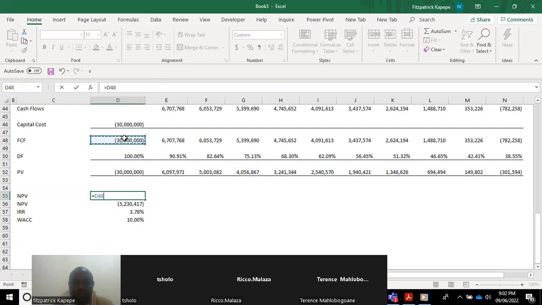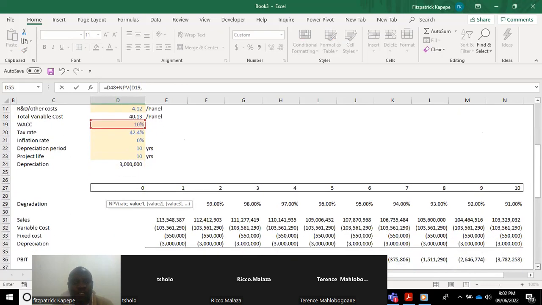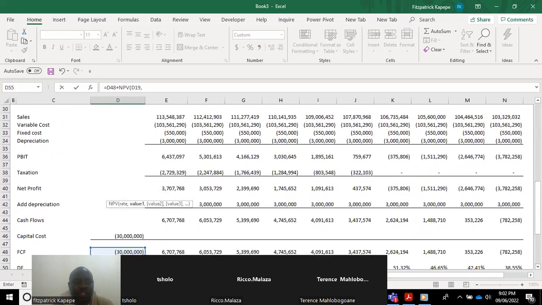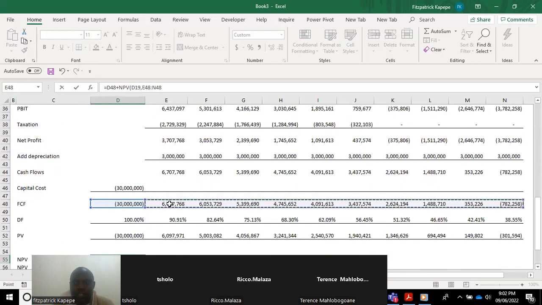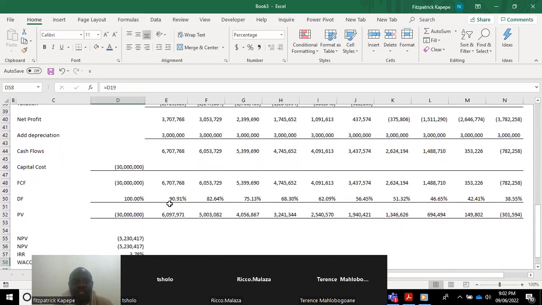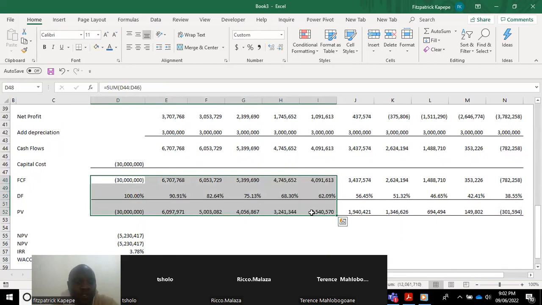Pick this, plus NPV. Then pick the rate, which is 10%, comma. Pick the values, the free cash flows. Pick these values and close and enter. That's it. I wasn't going to bother myself doing all these things here. Sheer waste of time.